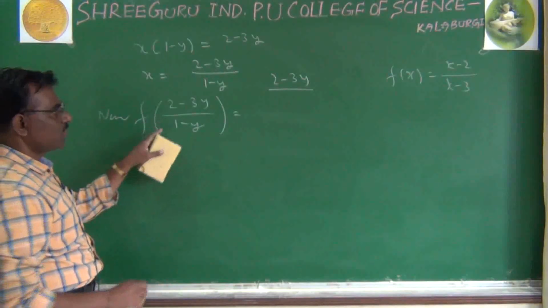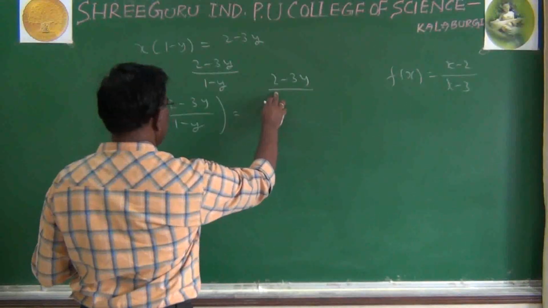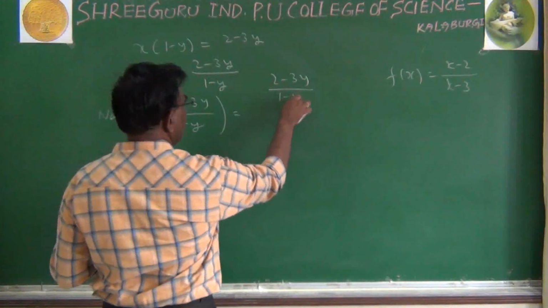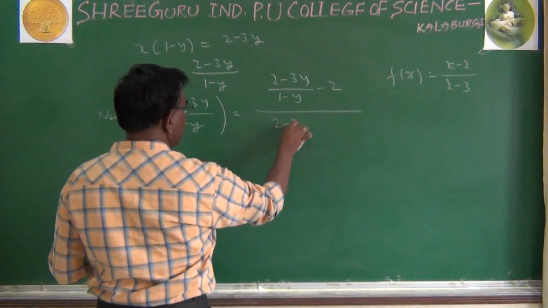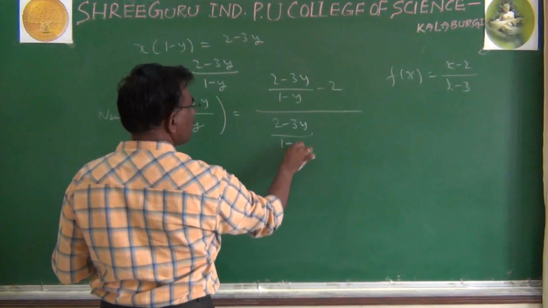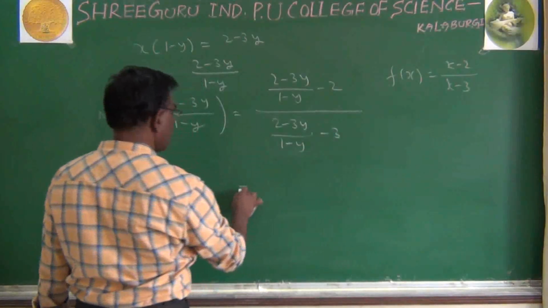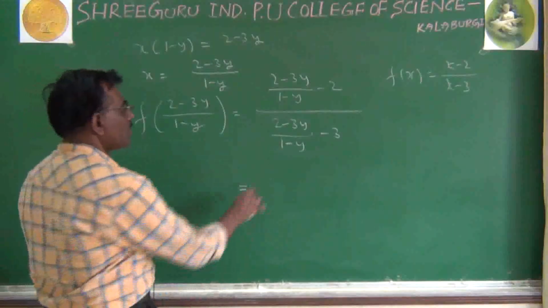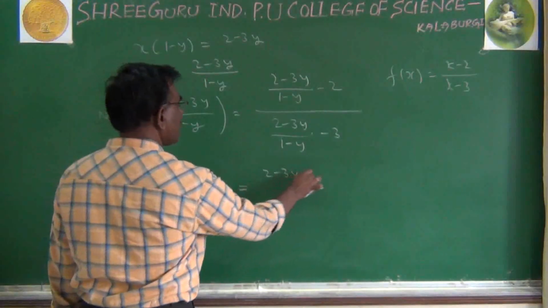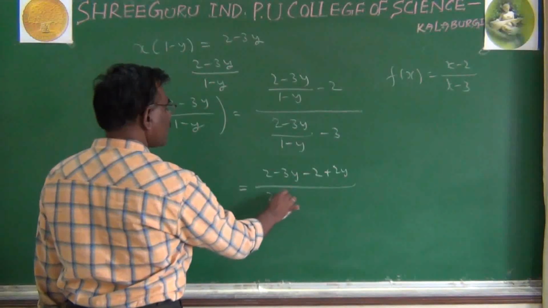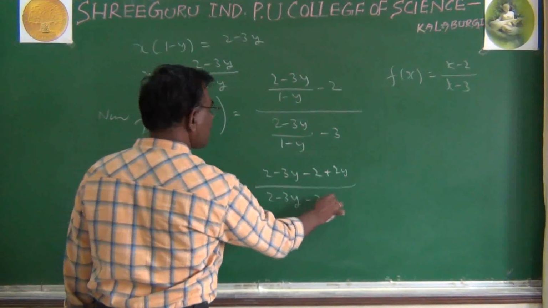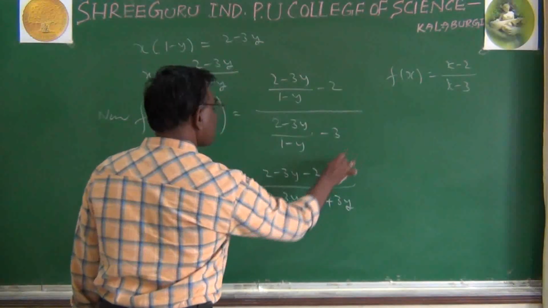You are assuming x = (2 − 3y)/(1 − y). Then f of that is ((2 − 3y)/(1 − y) − 2) divided by ((2 − 3y)/(1 − y) − 3) equal to, taking LCM, (2 − 3y − 2 + 2y) divided by (2 − 3y − 3 + 3y).